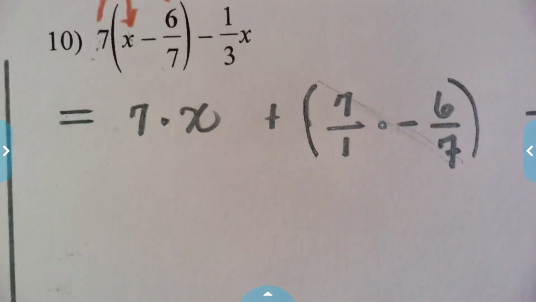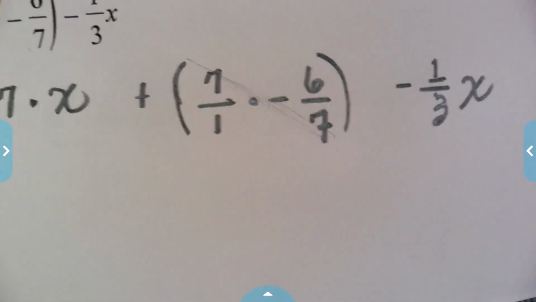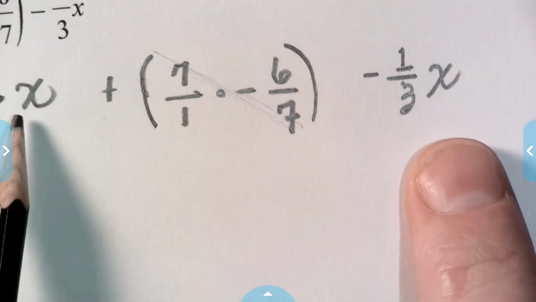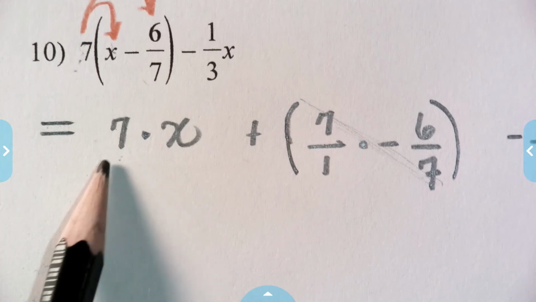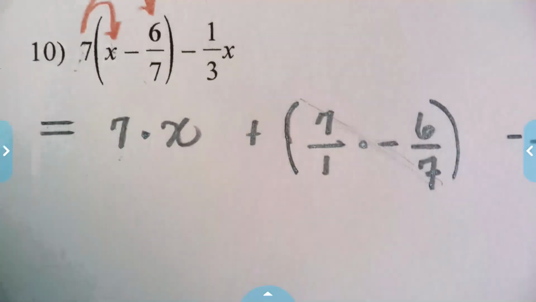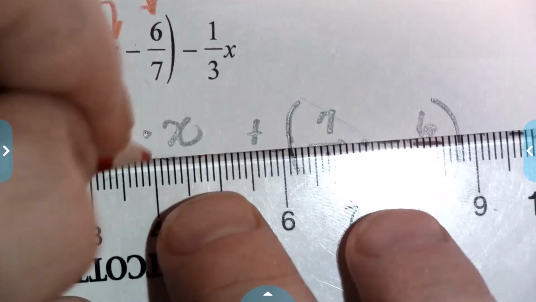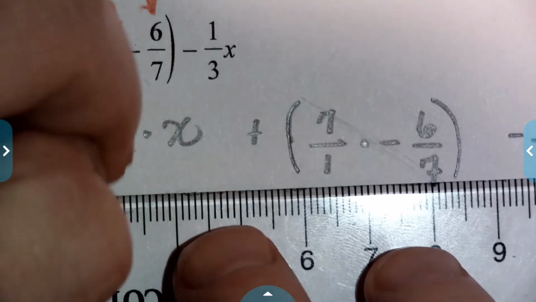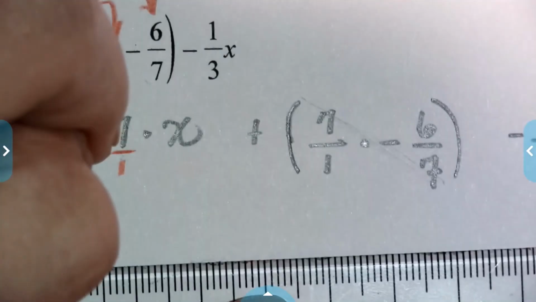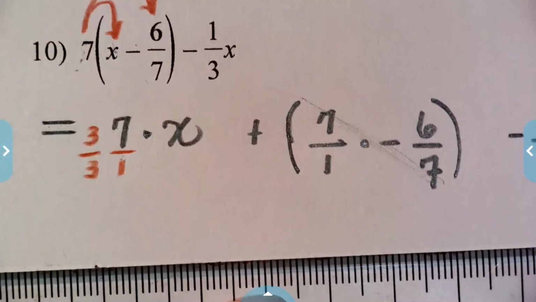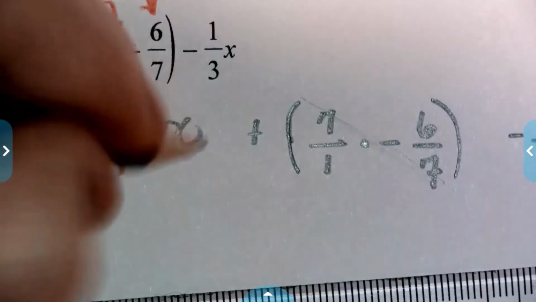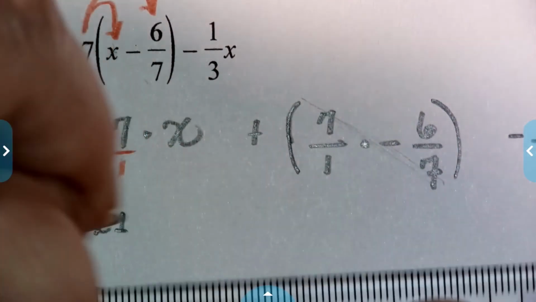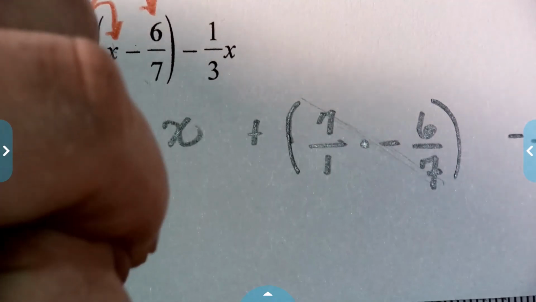Okay, so I'm thinking ahead. I know I'm going to be working with the 7x and the negative 1/3 x, so I might as well make 7 into something with a denominator of 3. And so I could just think of this as 7 over 1 and multiply it by 3/3. And I've got 21/3 x.